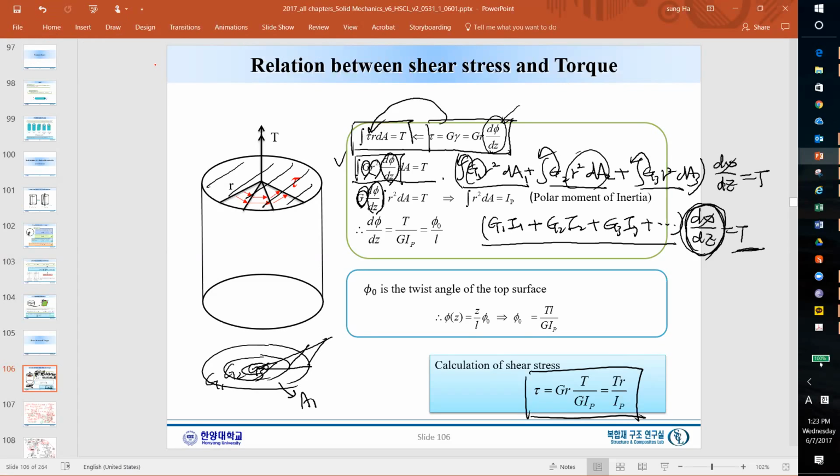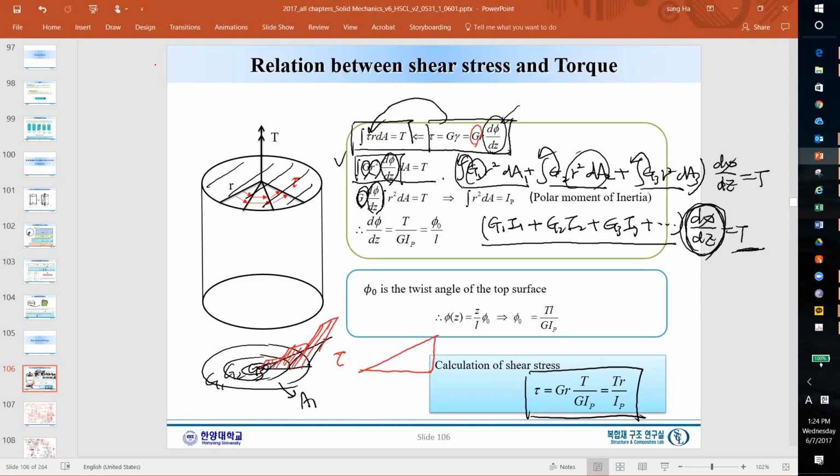Depending on the materials, depending on G, sometimes the shear stress is like that if this is a bigger G1, and sometimes like that, and sometimes like that. So tau can be discontinuous depending on the material properties. I will redraw here.